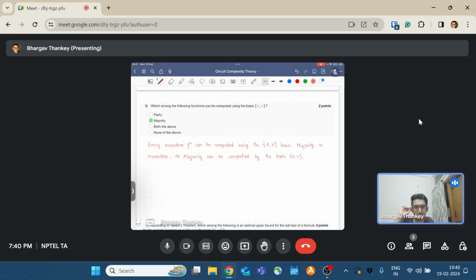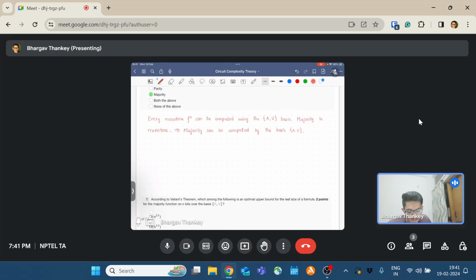And how can we rule out parity? One way is like what you suggested: try every circuit that computes parity, and you will find at least one not gate over there. Another simpler way is this.